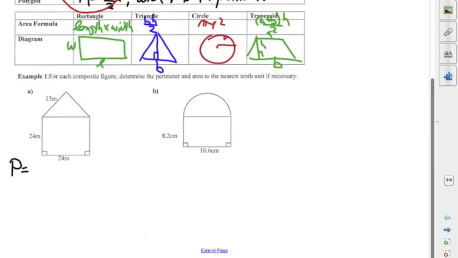I'm going to label this S, so it's the perimeter of S plus the perimeter of this part, which would be T. I'm just going to put subscripts underneath them, because we have multiple P's there and we want to distinguish between them.